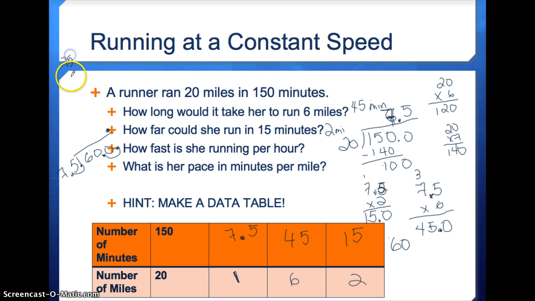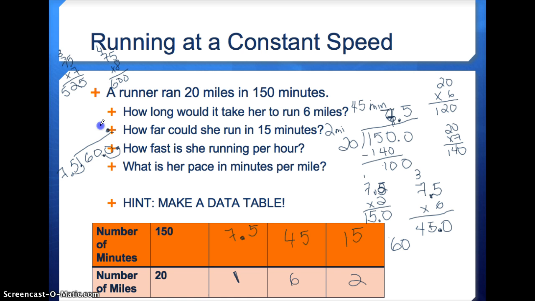75, let's try times 7. Let's see what we get. So that's 35. This is 49 plus 3 is 52. Is that close enough? I think we can go one more. So 75 times 8. Let's see what we get. This 5 times 8 is 40. 7 times 8 is 56, plus 4 is 60, and that is 600.